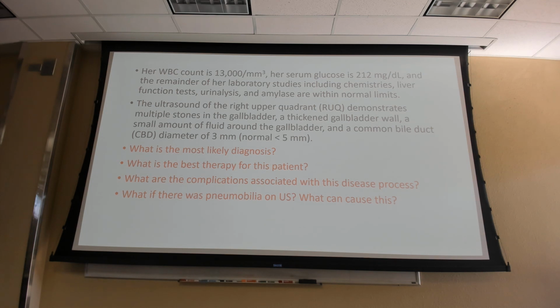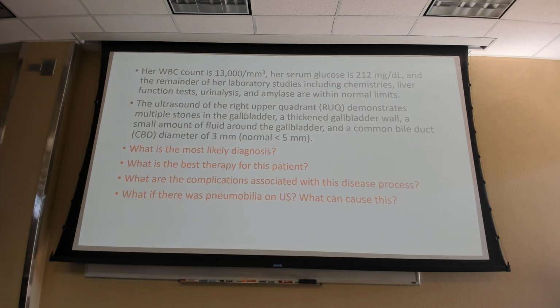So what do we think this is? Do you think it's cholecystitis? Do you think it's symptomatic cholelithiasis? No? Yeah, so she's got pericholecystic fluid, thickened gallbladder walls, and a leukocytosis. So this is going to be acute cholecystitis. Now, what if it was just colicky pain?